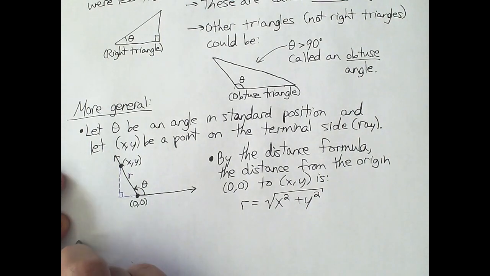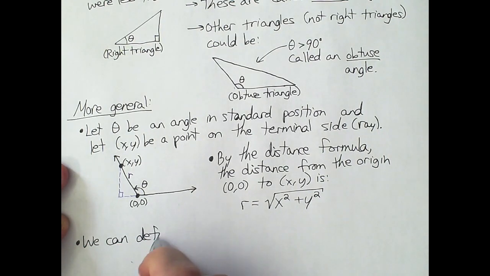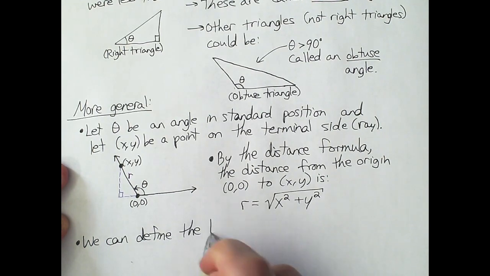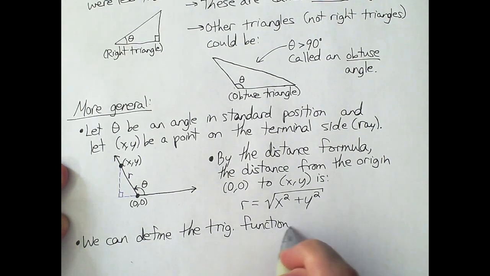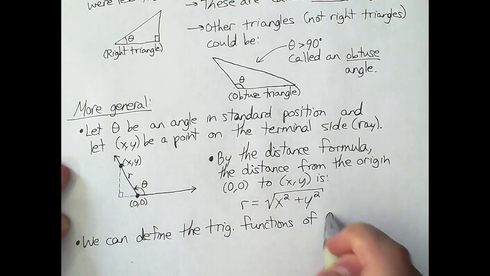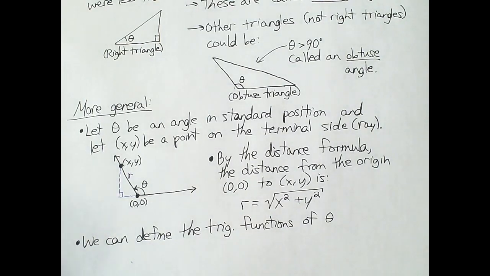Anyway, we can define the trig functions of theta. Now, in the previous lesson, and the one before it, we've been talking about angles, and the previous lesson talked about the trigonometric ratios, and we looked at them in terms of opposite over adjacent and things like that.